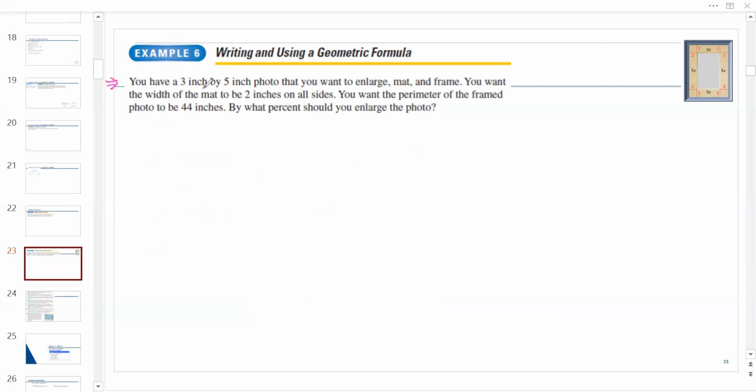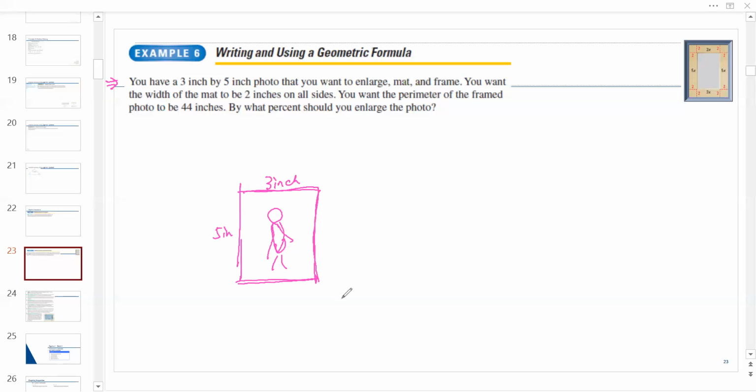You have a 3" by 5" photo. All right, let's draw this one. This is 3", this is 5". This is your photo. You want to enlarge this photo. Enlarge means you make it bigger.